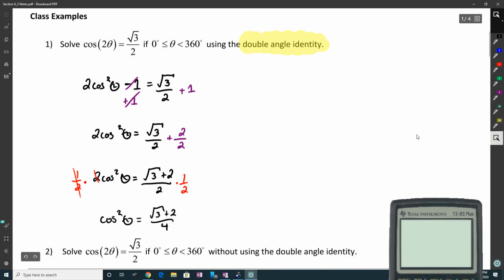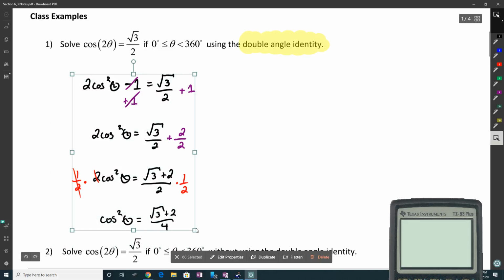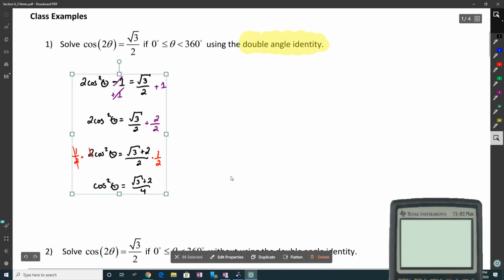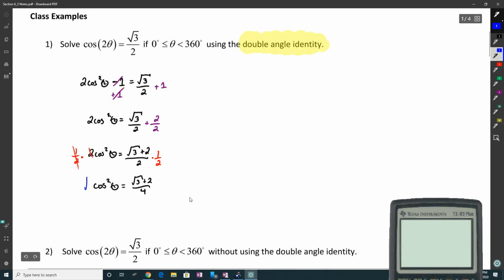And we're almost done. So notice that this way it's doable. It's just a lot of algebra is involved. So the next step we would do is we would take the square root of both sides. But whenever we take a square root, we have to add a plus or minus. And so you get this nasty looking number over 4.